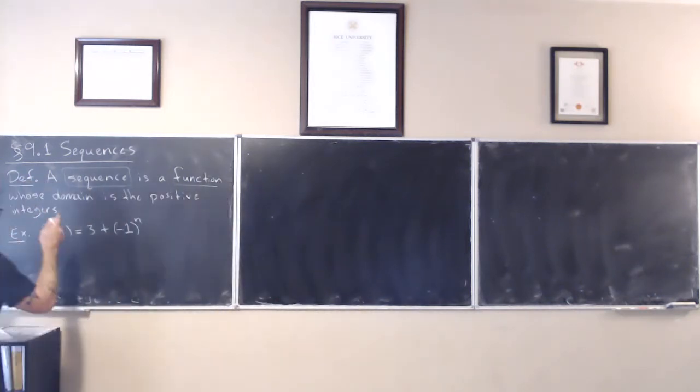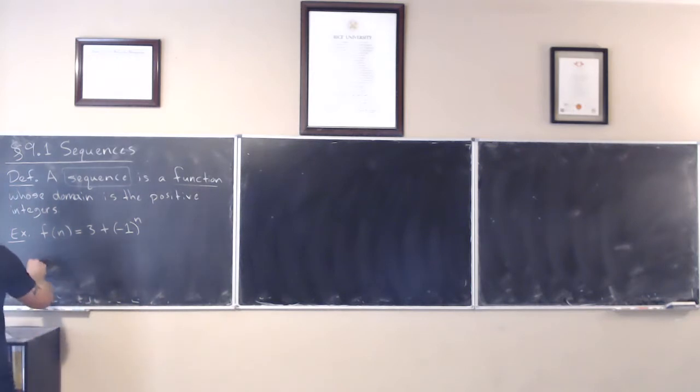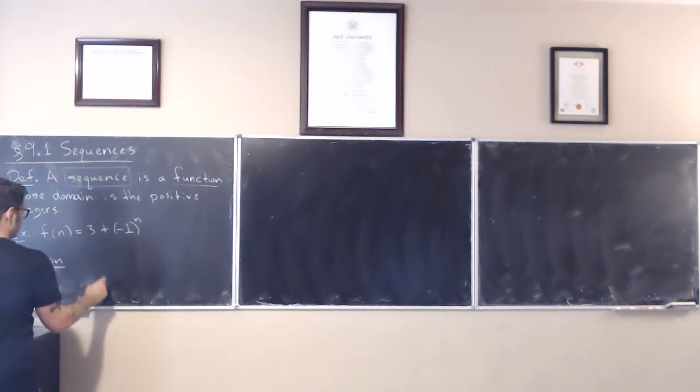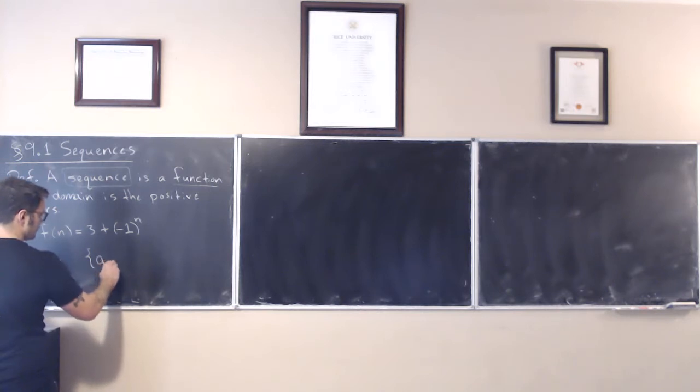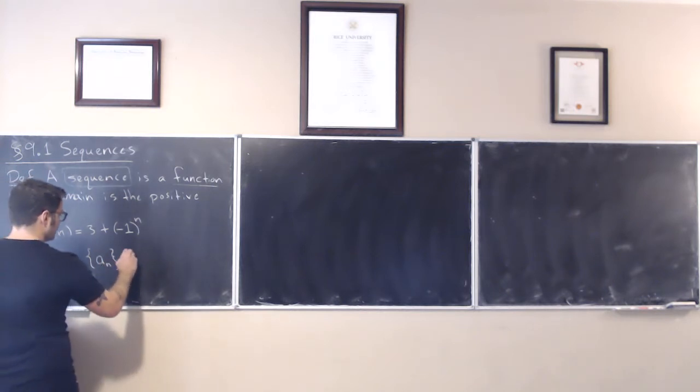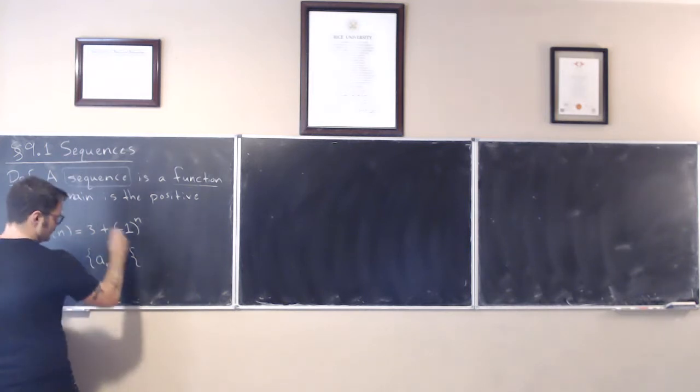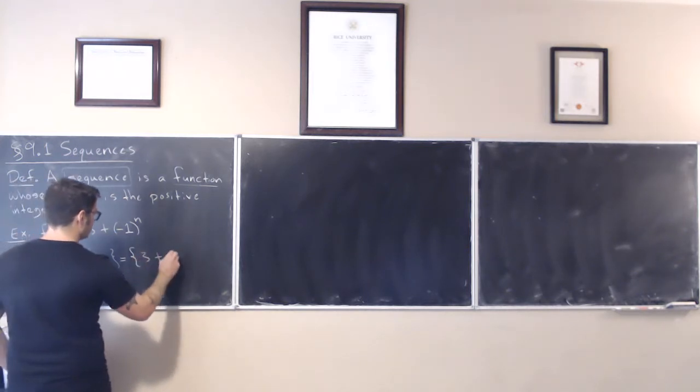So in place of writing this, the notation we'll use in this class is that this will be a sequence, maybe like a sub n, and that's equal to this argument.